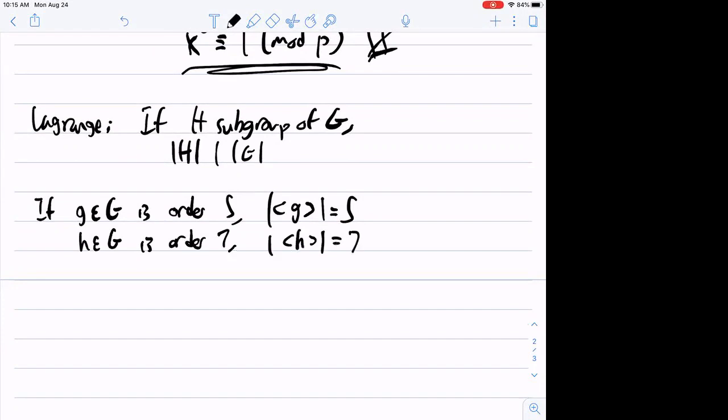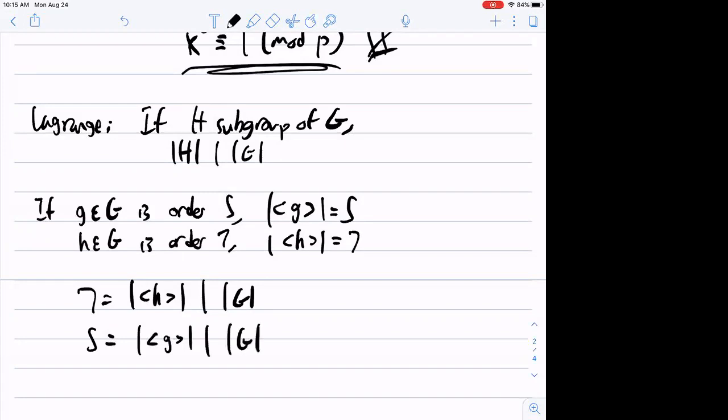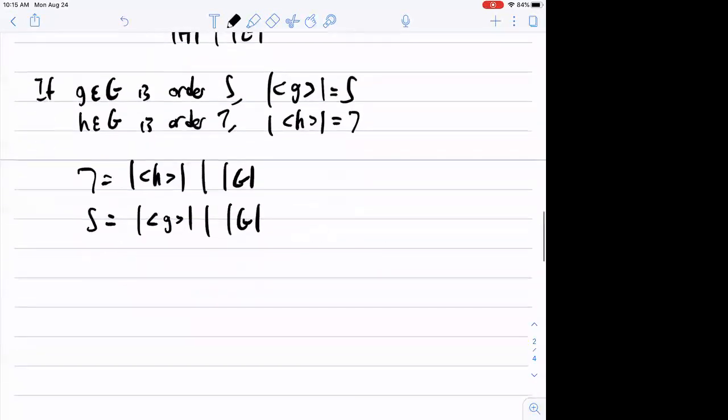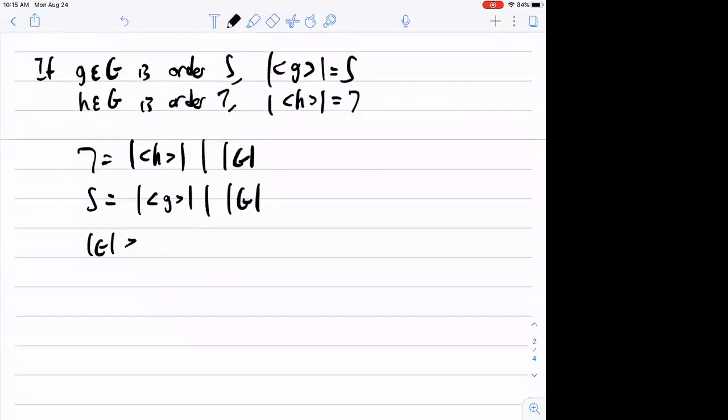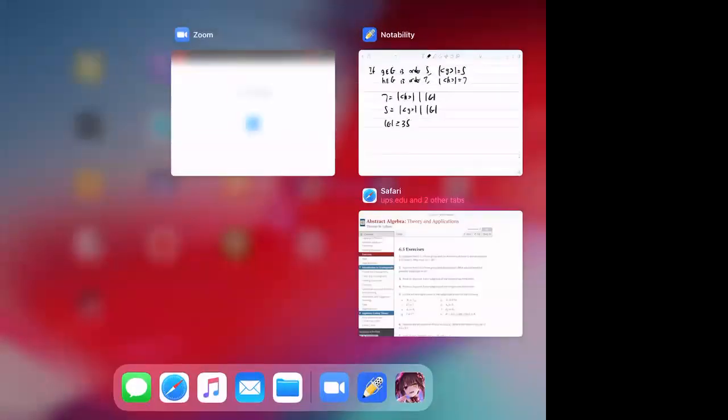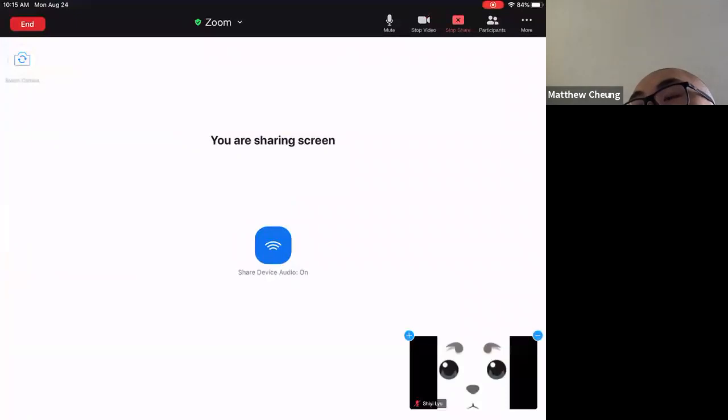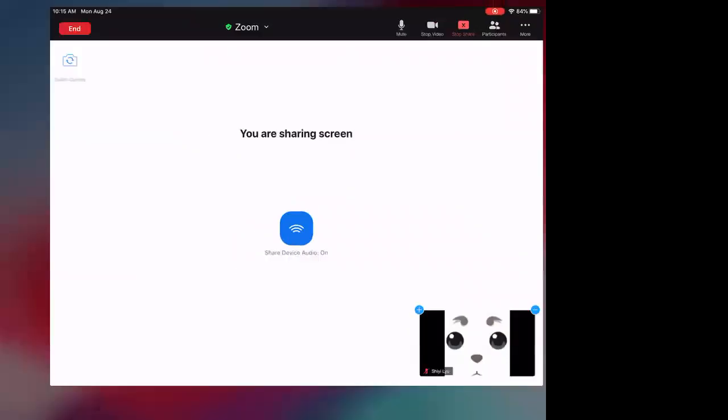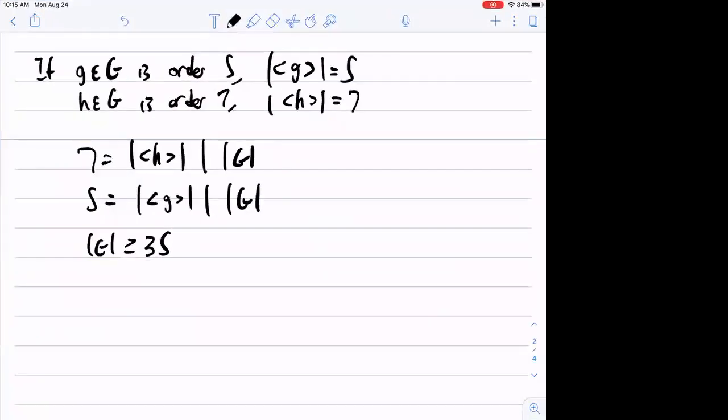So in particular, by Lagrange, 7 must divide the order of G, and the order of the subgroup generated by g, which is 5, must divide the order of G. So the order of G has to be at least 35, right? Because 7 divides it and 5 divides it. Is everyone good so far? This is just Lagrange's theorem.